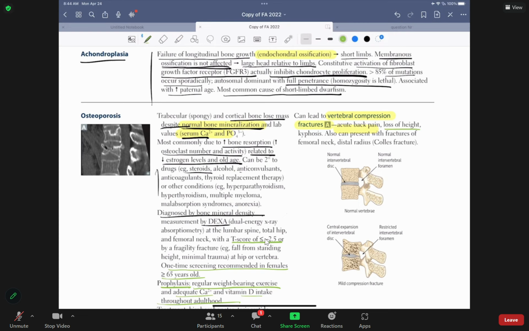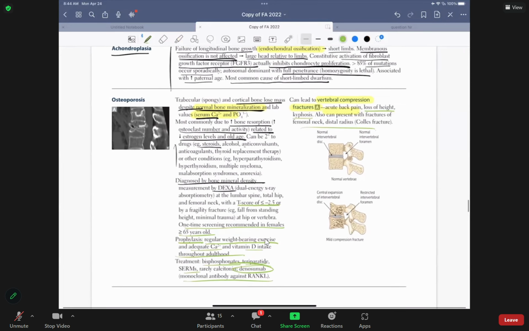That's because of the compression fracture, folks. It can give kyphosis. Kyphosis is bending forward. Lordosis is going backward. Pregnant ladies become lordotic because they try to balance the belly, so they have to go back. So that's lordosis, folks. And then you could get other fractures, but that's osteoporosis, folks. Is that clear? That's osteoporosis.